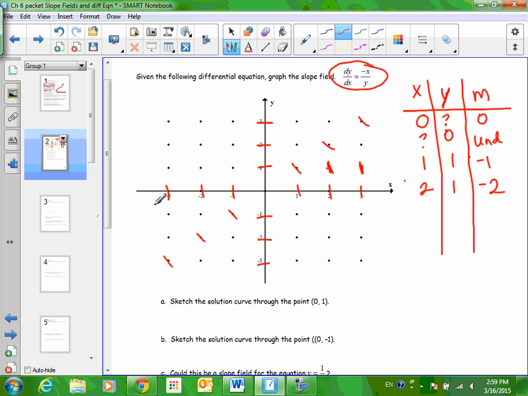Okay, so I want you to finish this on your own. And when you're done, look up here and kind of check your work. But I don't want you just to copy me. I want you to really try it on your own and then check it.